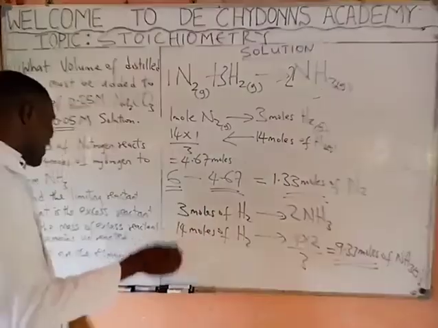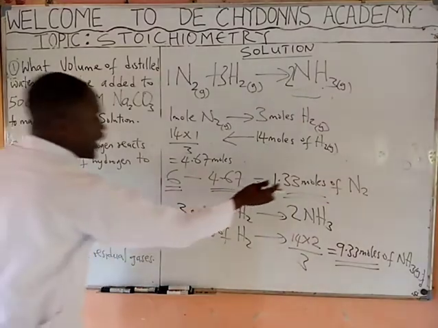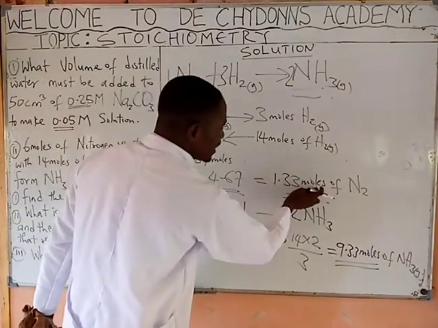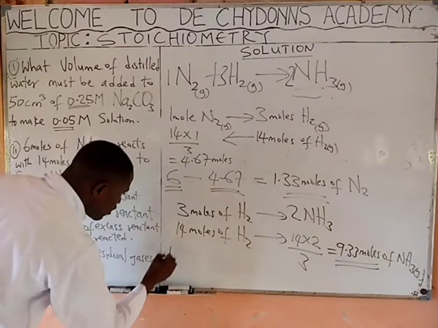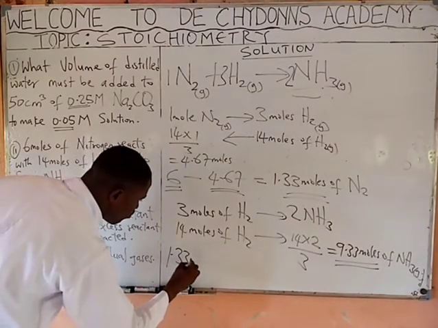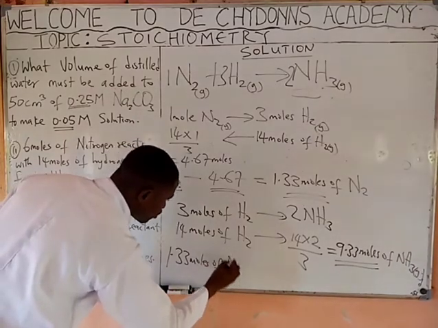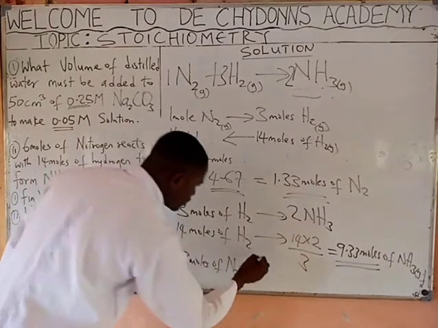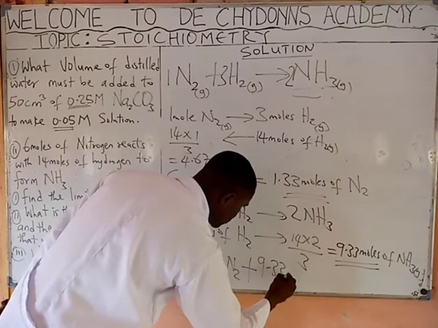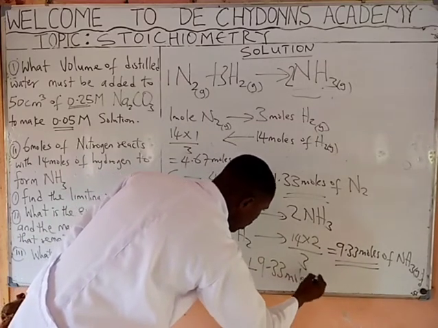So the residual gases we will have is this excess reactant that is in excess, which is 1.33 moles of nitrogen plus 9.33 moles of ammonia.